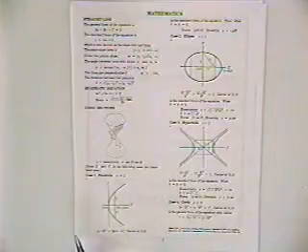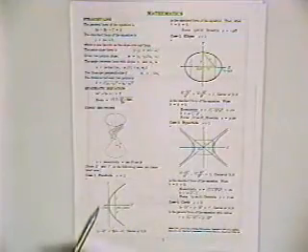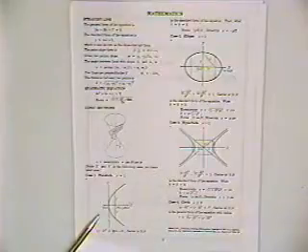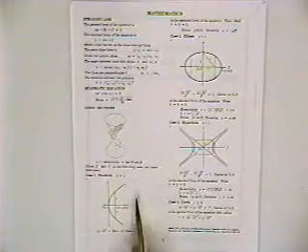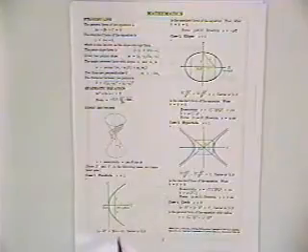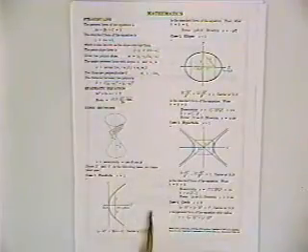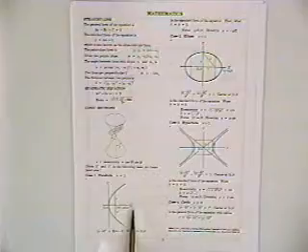The parabola, which in some respects is the easiest one to deal with, is shown in this part of the figure right here. The general form of a parabola is shown, and the parabola in this particular case opens out along the x-axis.